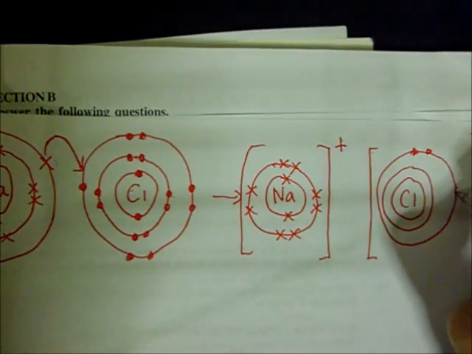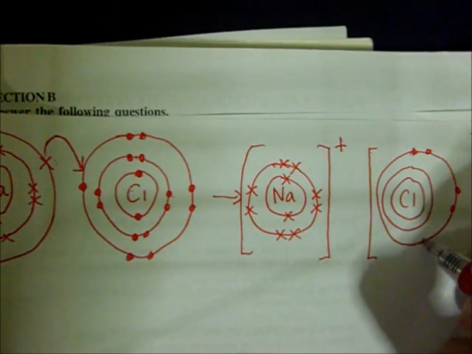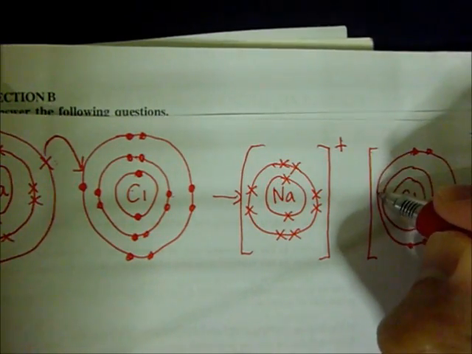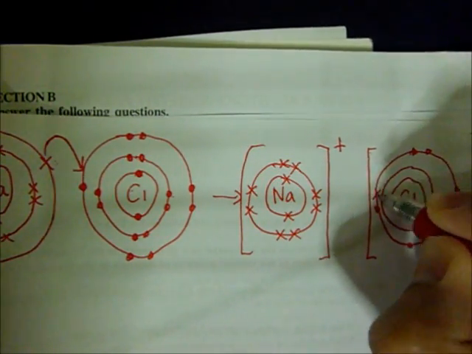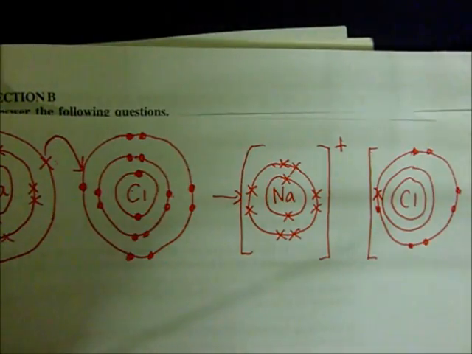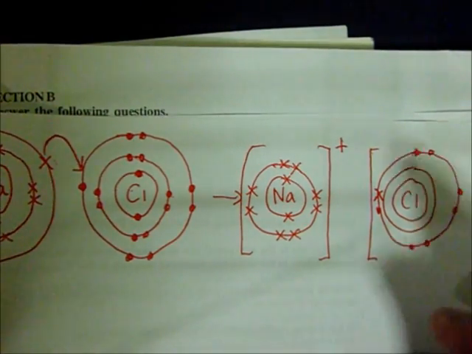And the chlorine ion, same with the chlorine atom, it would have 3 shells, except that the third shell would have 1 extra electron, which is from the sodium atom.